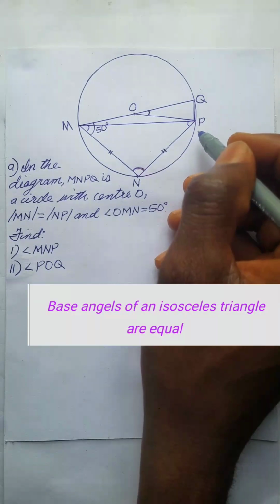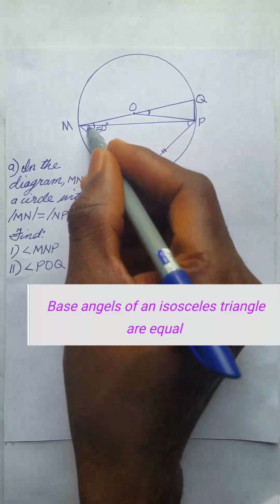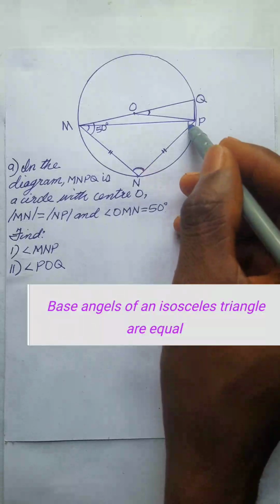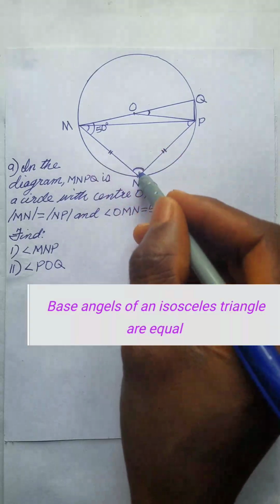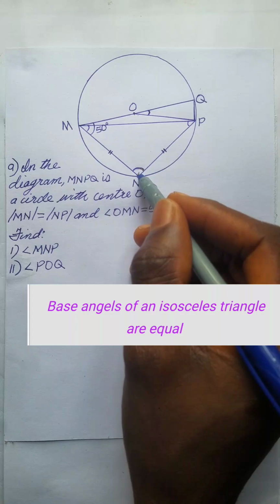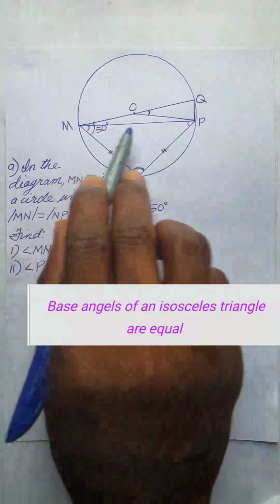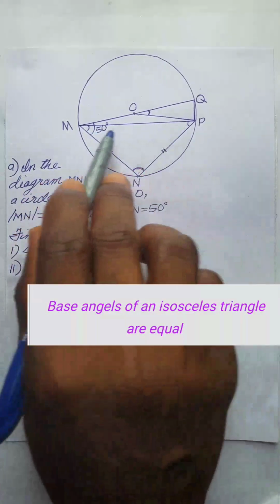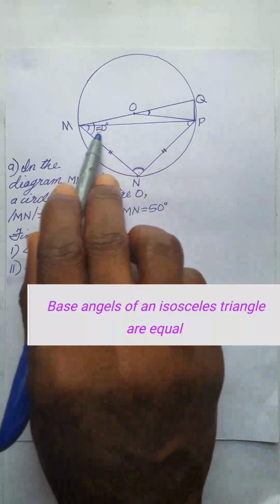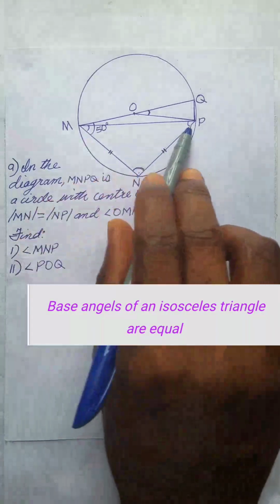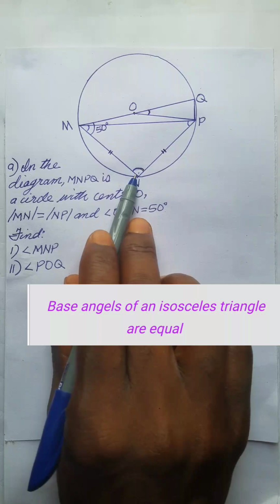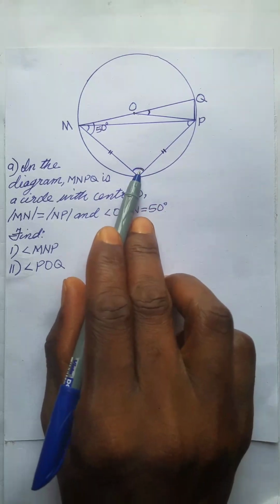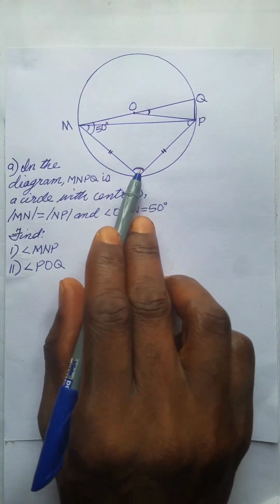If I know this little angle, I automatically know this too, and that makes it very easy for me to find my answer, MNP, because these are base angles of an isosceles triangle. They are always equal. I can sum these three now and get 180, subtract to get my angle.